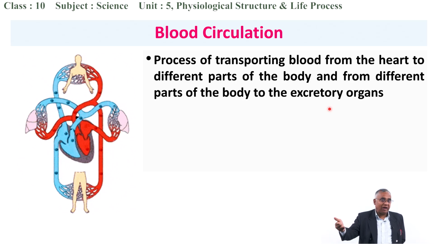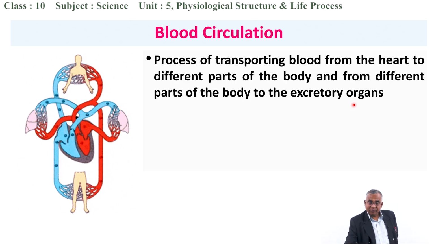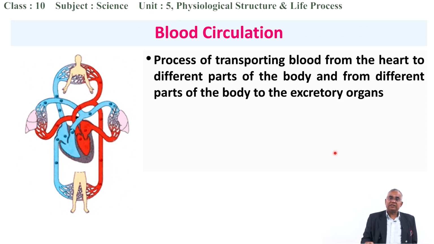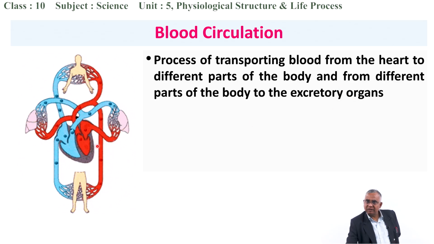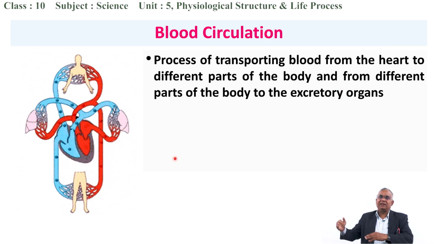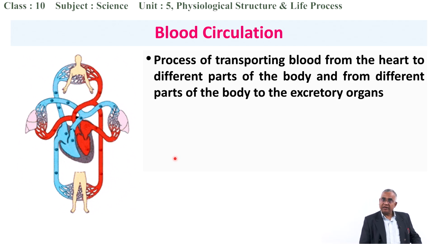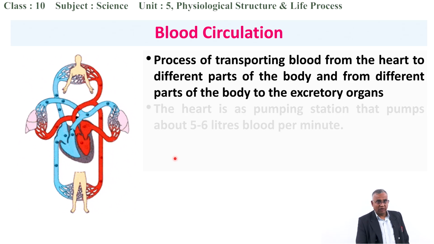These things are supplied to the cells through blood, and unnecessary substances like carbon dioxide, uric acid, urea, or you can say nitrogenous substances, excess salt, excess water, are taken back into the heart for transportation to the excretory organs for their separation, by which they can be expelled out from the body. So that is the process of blood circulation.